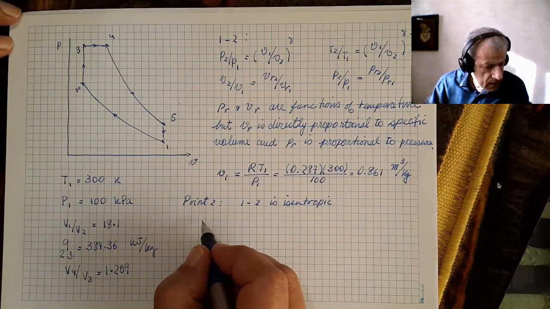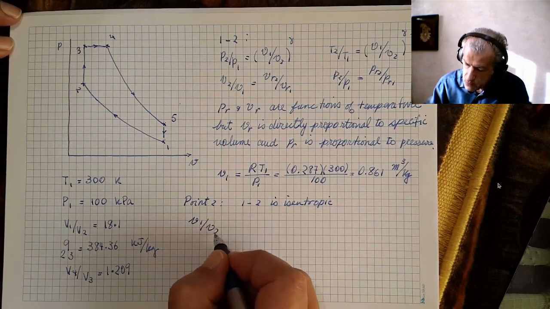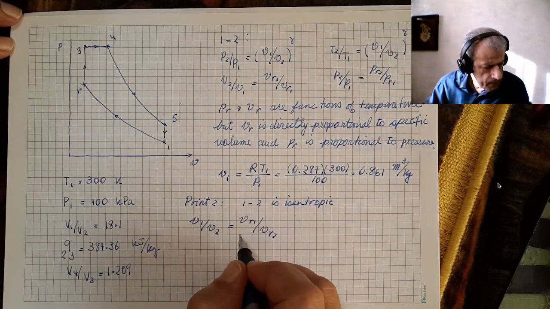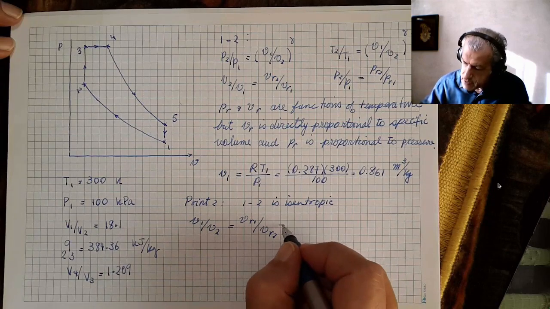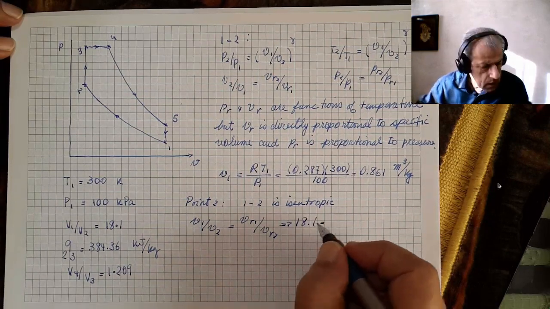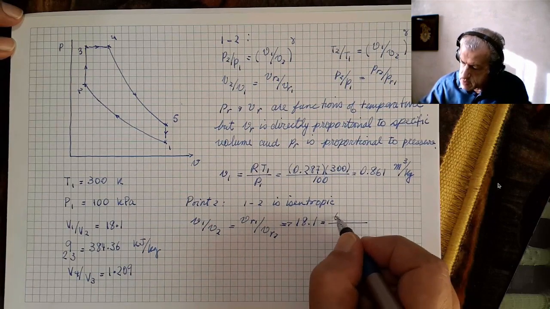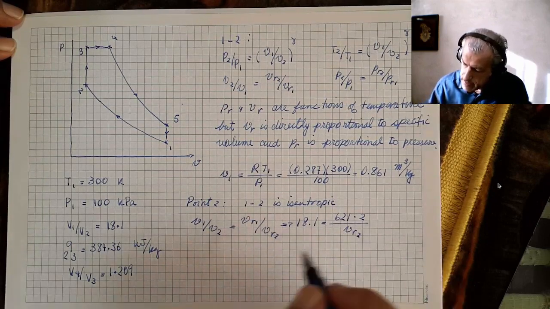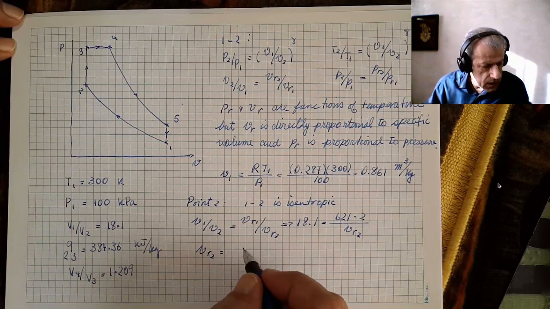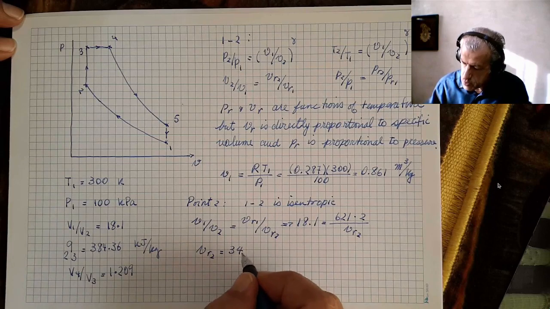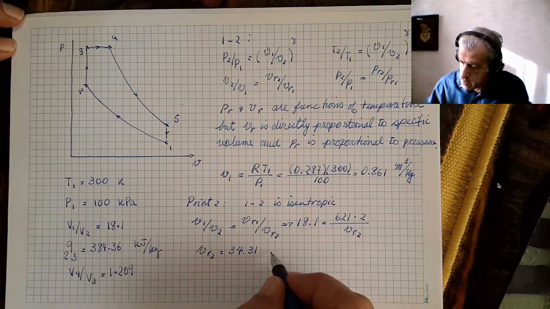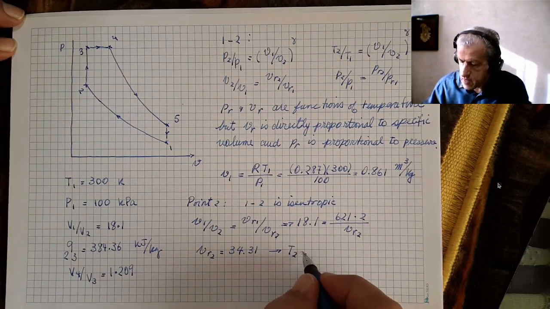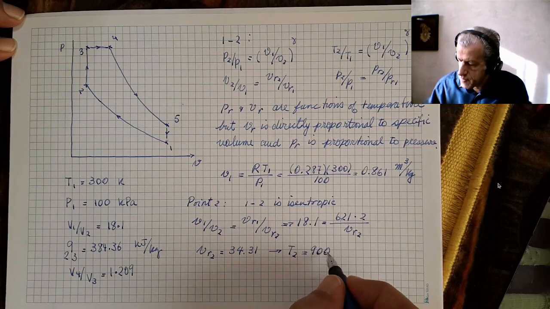We know that V1 over V2 equals VR1 over VR2, and that means that 8.01 equals 621.2 divided by VR2, and therefore VR2 would be 34.31, and referring to the table, we get that T2 equals 900 Kelvin.